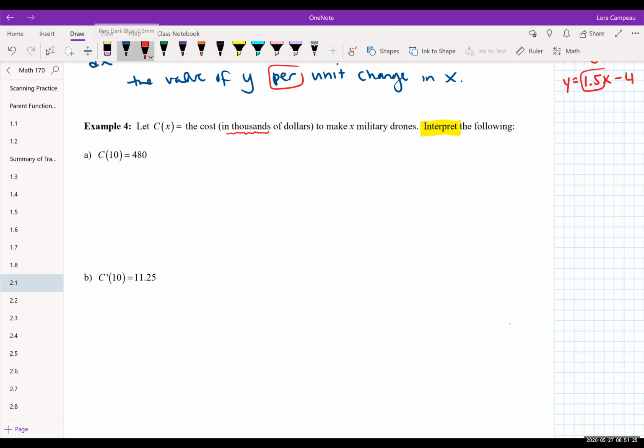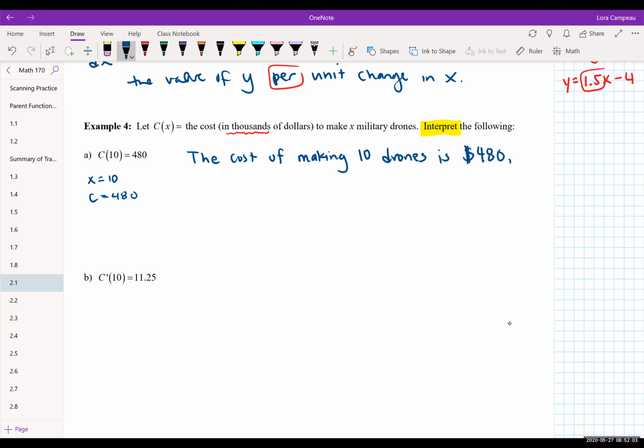Sometimes they throw that in. So if I was to write this out, I can say, when X equals 10, C equals 480. That is true, little function notation. But if I'm going to interpret this in English, I can say, okay, the cost of making 10 drones, it's not just 480, it's 480,000.